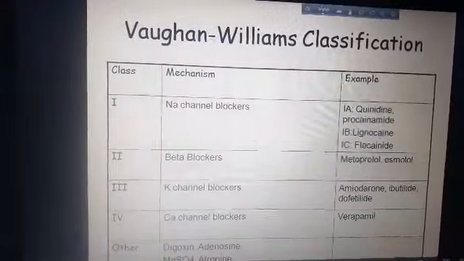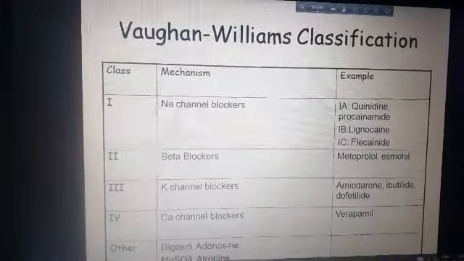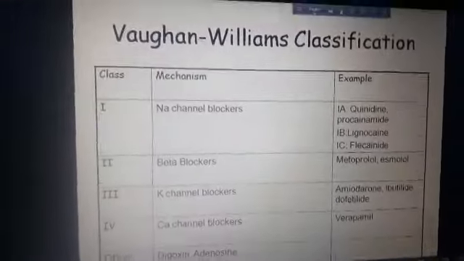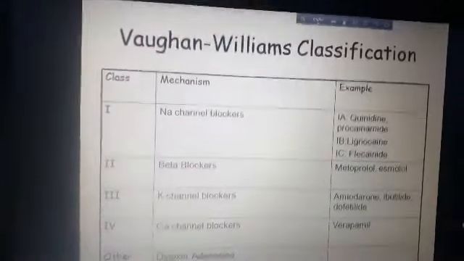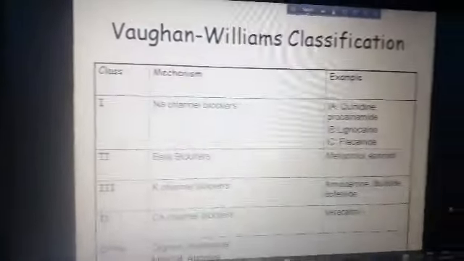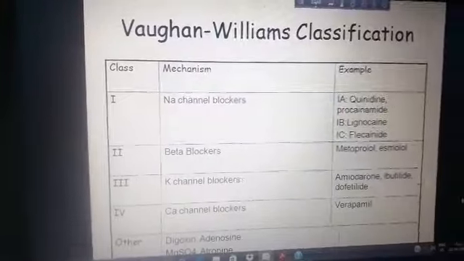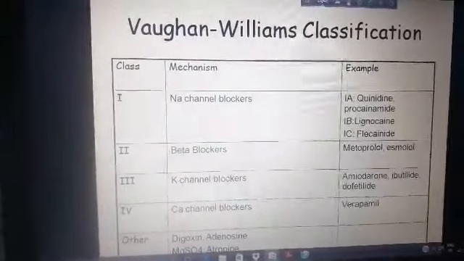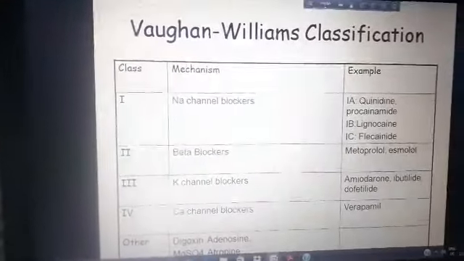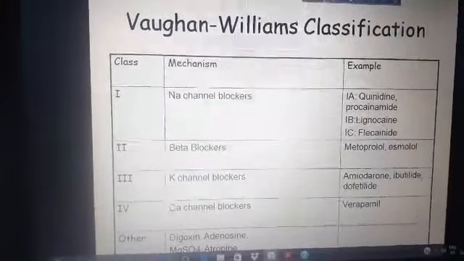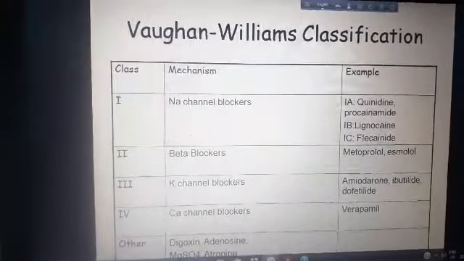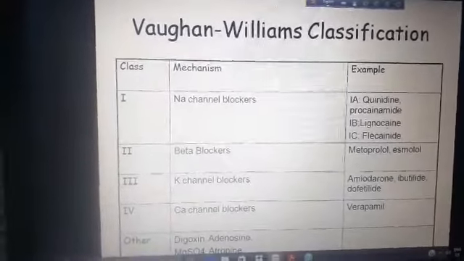Class 1A is quinidine, procainamide. There is moderate potassium channel block and a moderate decrease in the phase 0 slope. So quinidine and procainamide not only block sodium channels, there is also blockade of some potassium channels. That's why they also increase the action potential duration.